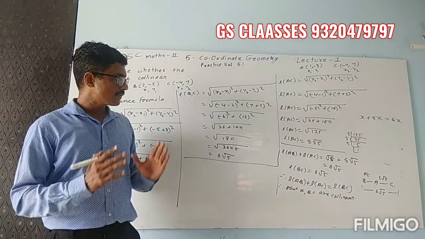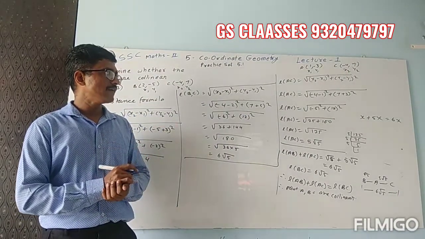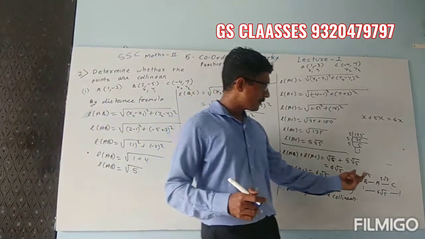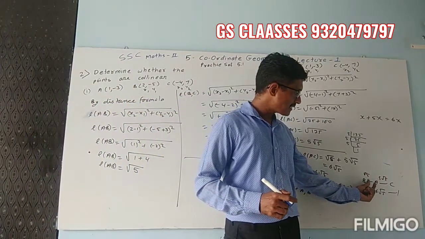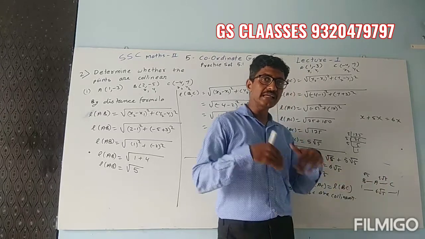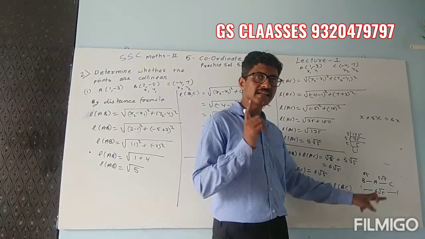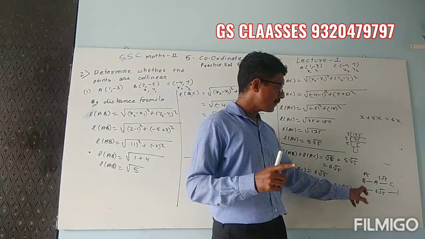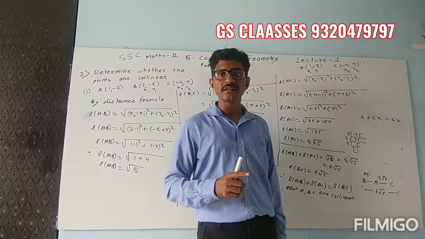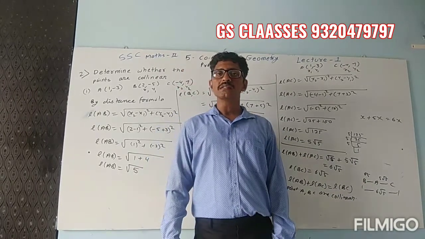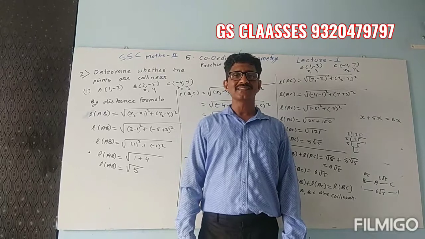So children, this way we have proved that since the distance between BA plus distance between AC equals distance between BC, hence points B, A, C are what? Collinear. Okay, so now it's time to move to the next question.